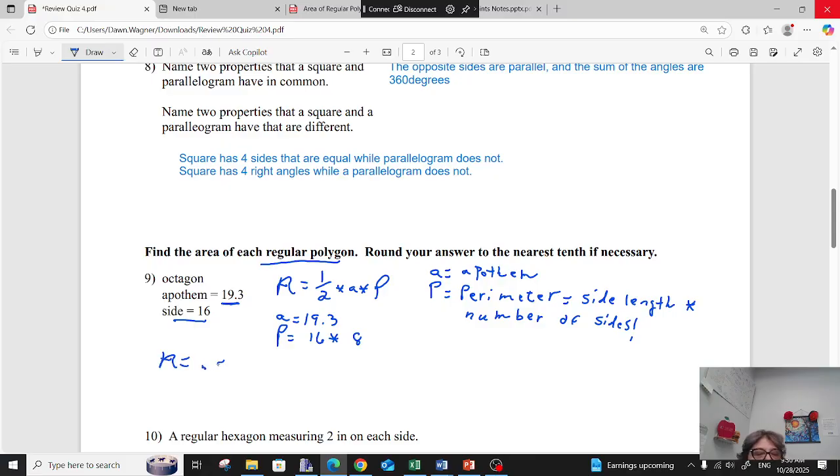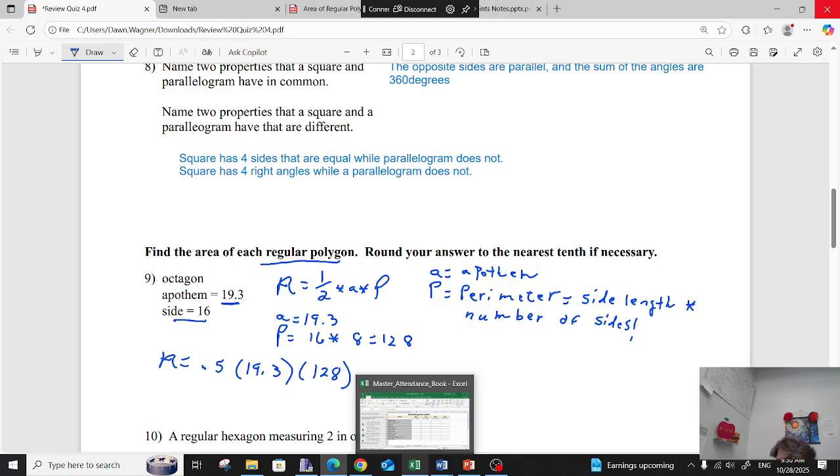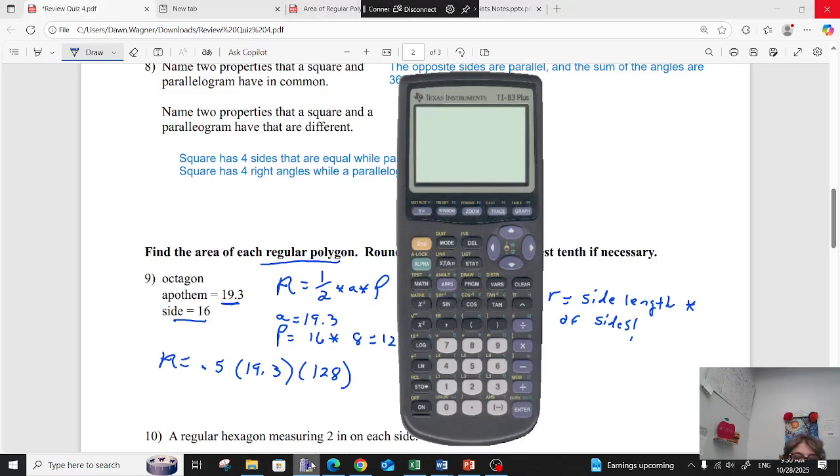Okay, 0.5 times 19.3 times, what is 16 times 8? Let's see. That's 128. 1, 2, 8. 0.5 is a lot easier to put in your calculator than 1/2, right?